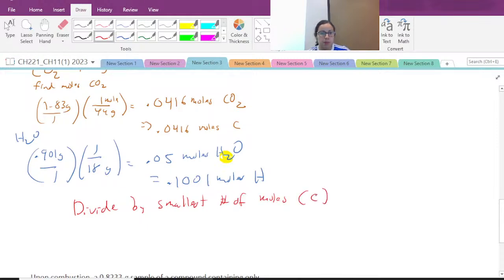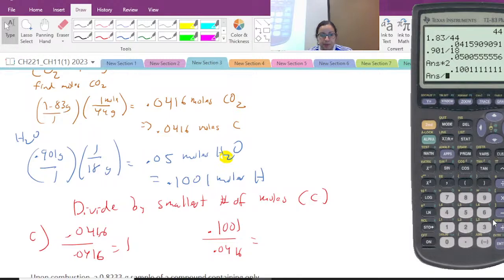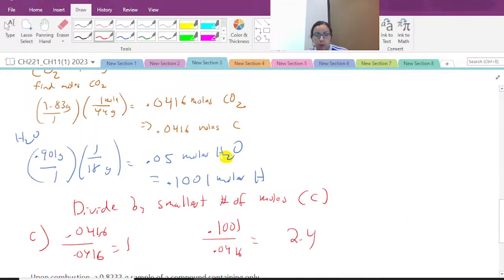So I'll do carbon then. I'll show the work. Normally I don't show the work. So that's 1. And then 0.1001 divided by 0.0416. And let's see what kind of a number we get. I got 2.40, so 2.4.